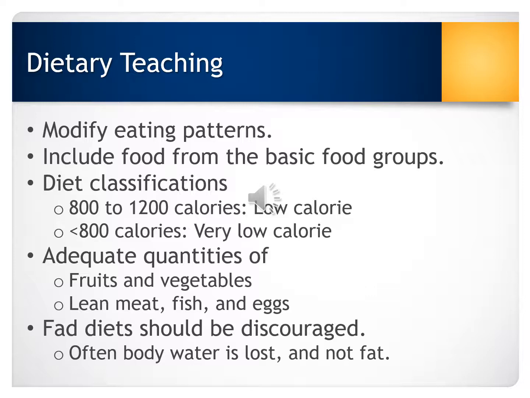Persons on low-calorie and very low-calorie diets typically need frequent professional monitoring because they are at risk for nutritional deficiencies. They need to make sure they have adequate amounts of fruits and vegetables, lean meat, fish, and eggs in their diet, and they should be discouraged from following fad diets.